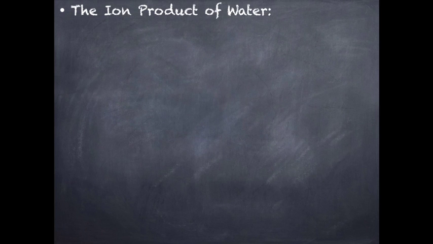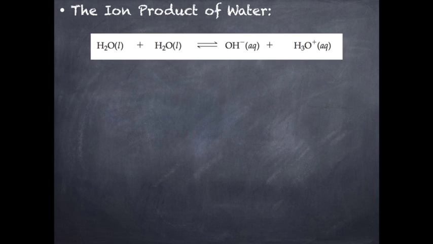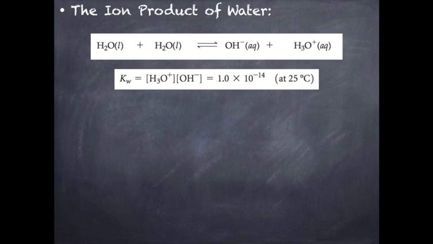All right, so we're going to take this concept of the autoionization of water, specifically this equilibrium reaction, and we're going to come up with a new equilibrium constant, and specifically that equilibrium constant is called the ion product constant. And the ion product constant is Kw instead of Kc or Kp.